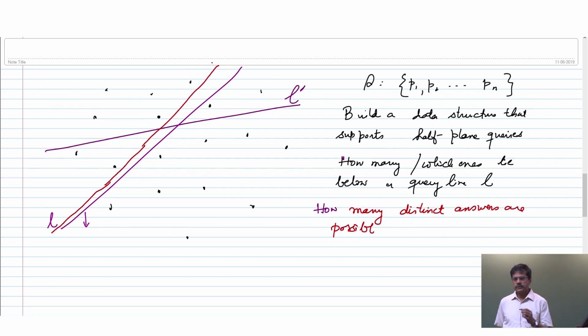Now, if you do just a very naive kind of an argument, there are n points. After all, what is happening? The set of points is being partitioned into 2 parts, right. So, how many partitions are possible essentially? That is what it comes down to.